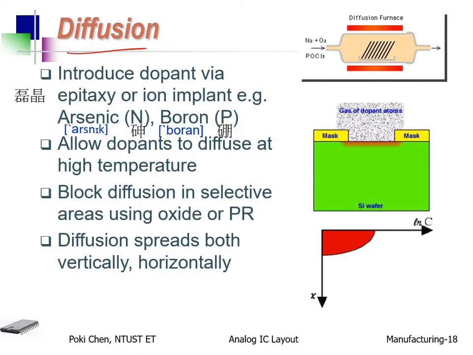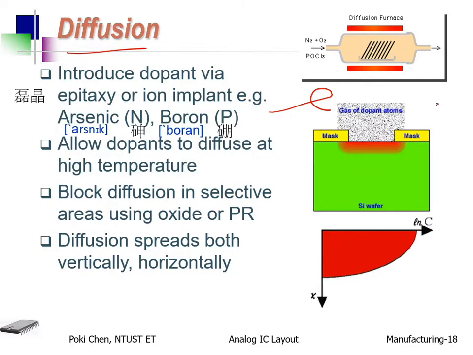You need to vaporize the impurities to be diffused. For P-type, we have boron; for N-type, arsenic or phosphorus. Anyway, okay, so this is a very good explanation.